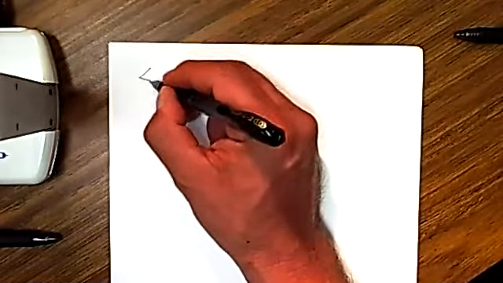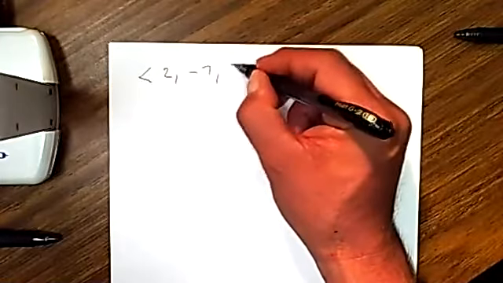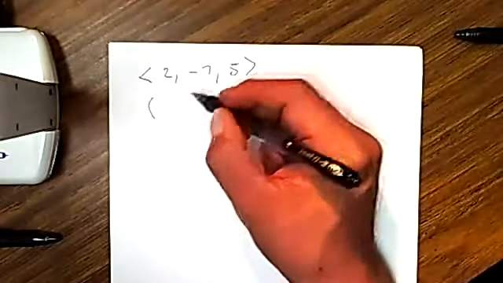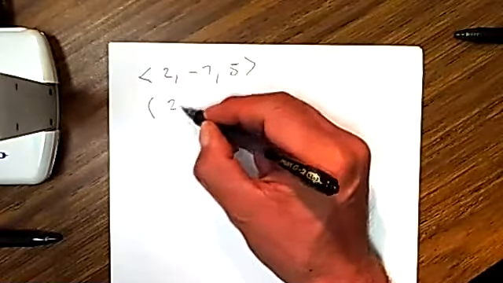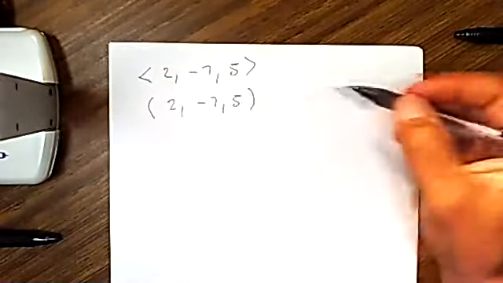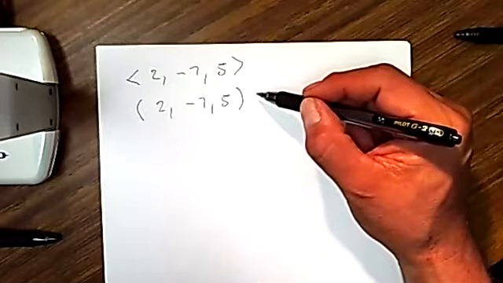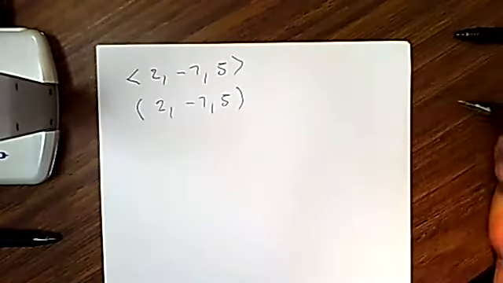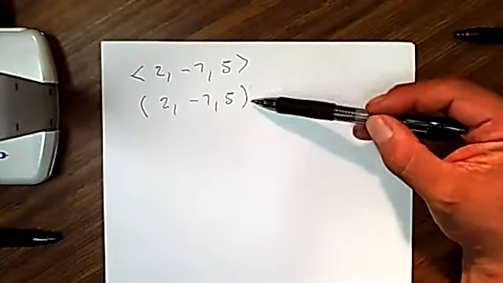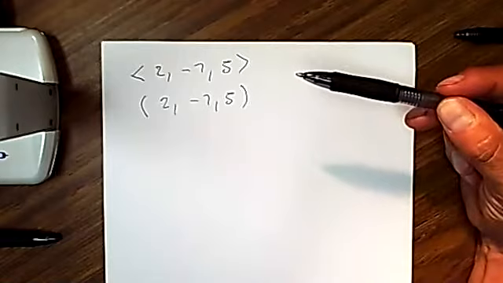So for instance, some people use this kind of symbol, -7, 5, or some people use the parenthesis, to -7, 5. And there may be some other ways of writing vectors. I'm going to stick with the parenthesis notation, and I'm going to talk more about why some people have different notations within the topic of vectors.